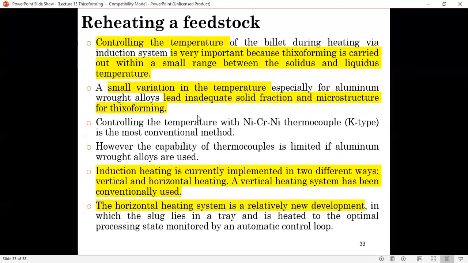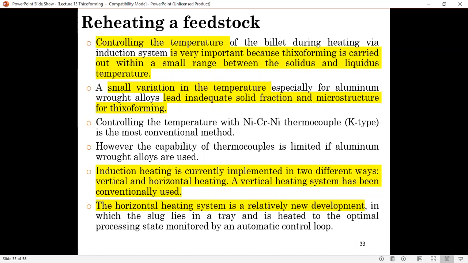Controlling temperature is very important because Thixoforming is carried out within a small range between the solidus and liquidus temperature. These operations can happen only in a very small temperature range.